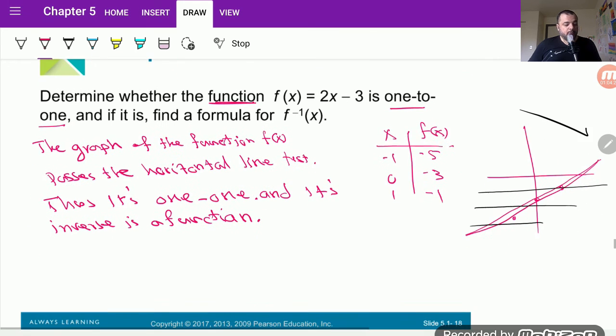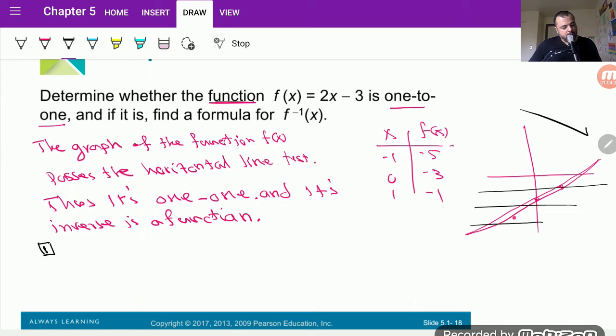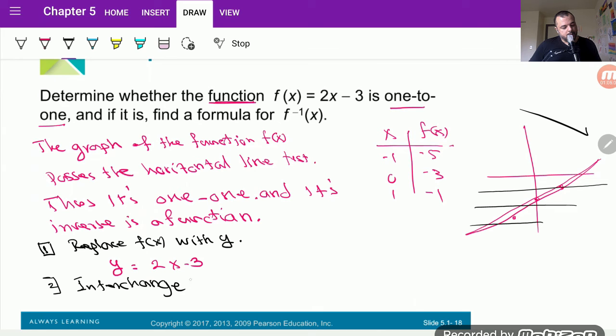Okay. So how to find the inverse? Step number 1: I'm going to replace f of x with y. So here's the function, we get y equals 2x minus 3. Step number 2: interchange x and y.